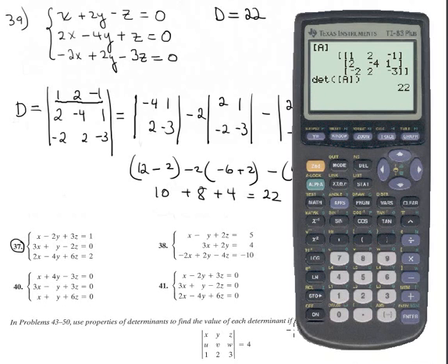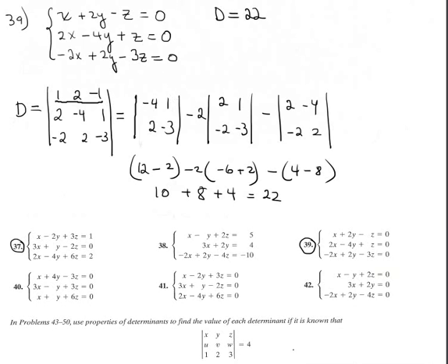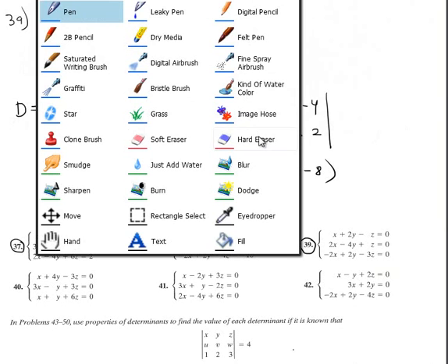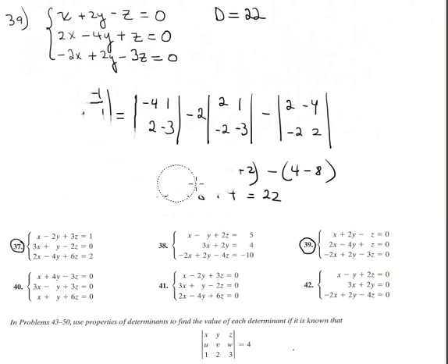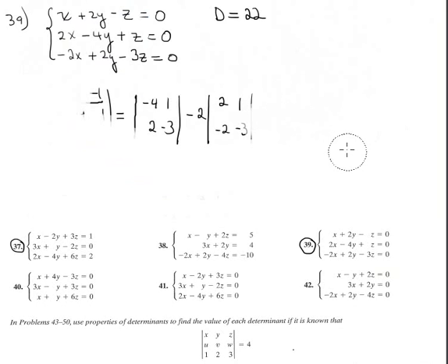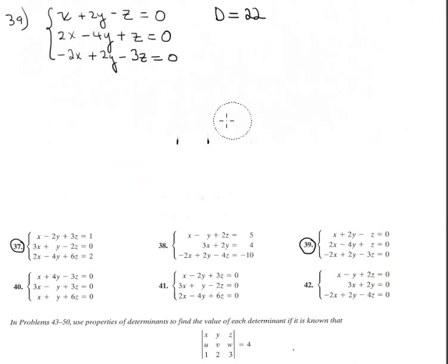Okay, so now, to finish our problem, let me compute the rest of the determinants. But what is the most important property we're using to do this problem fast? You replace, for example, Dx.